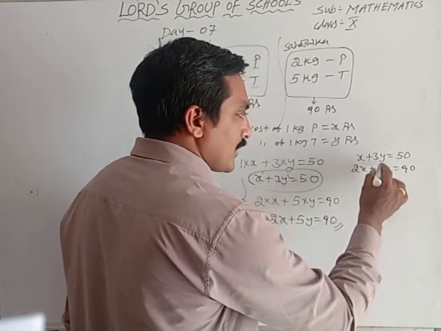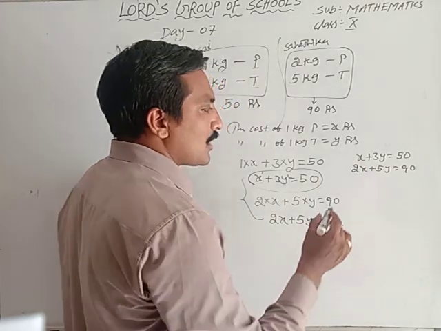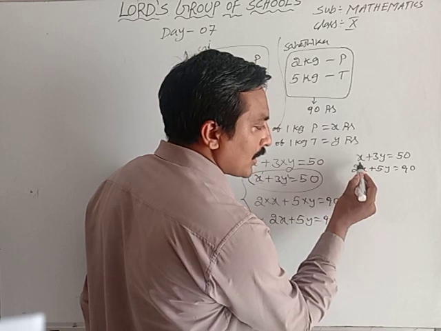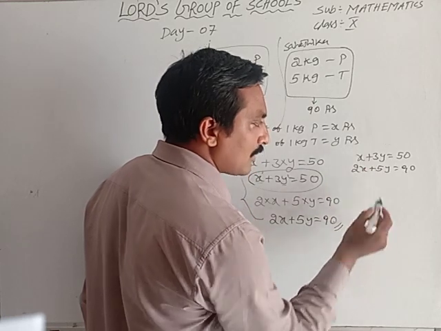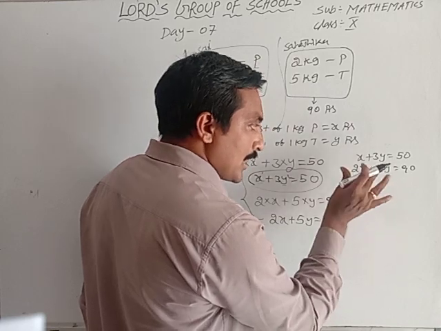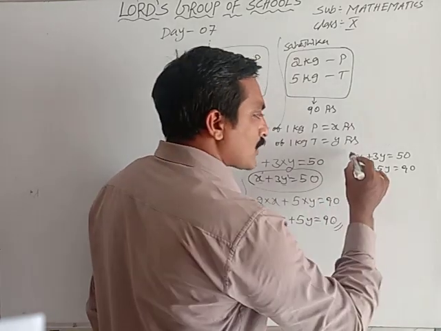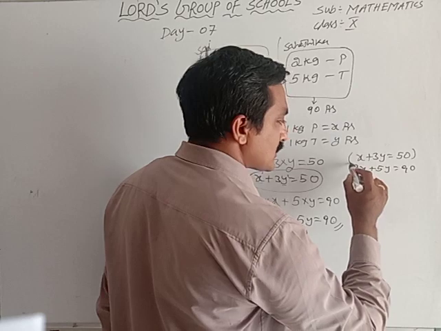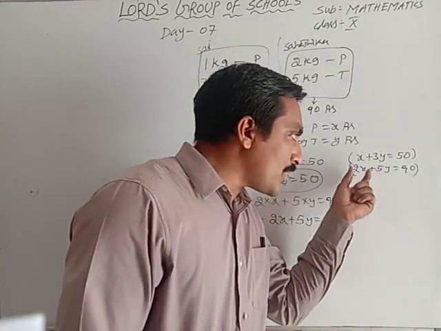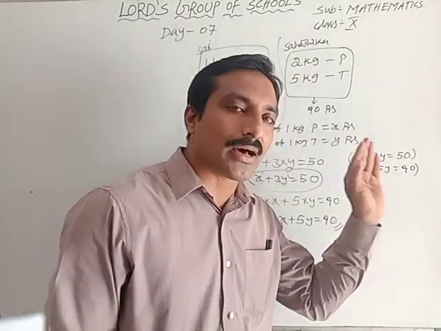If these two equations, two students' equations, here no coefficients are equal. x coefficient here 1, here 2, both are not equal. y coefficient here 3, here 5, not equal. In this case, you have to multiply the first equation and the second equation. How to multiply? In the given two equations, no coefficients are equal.